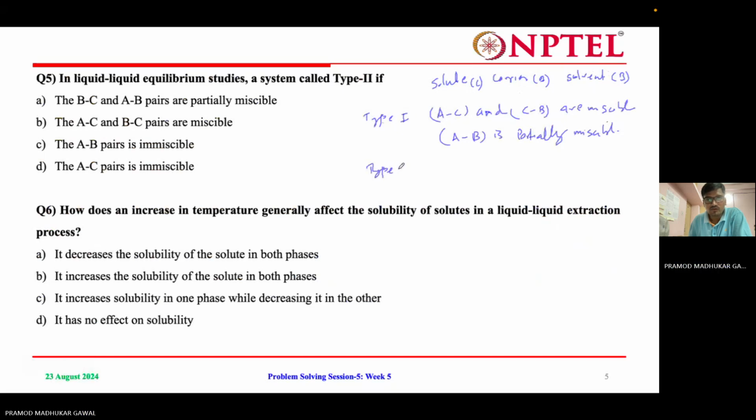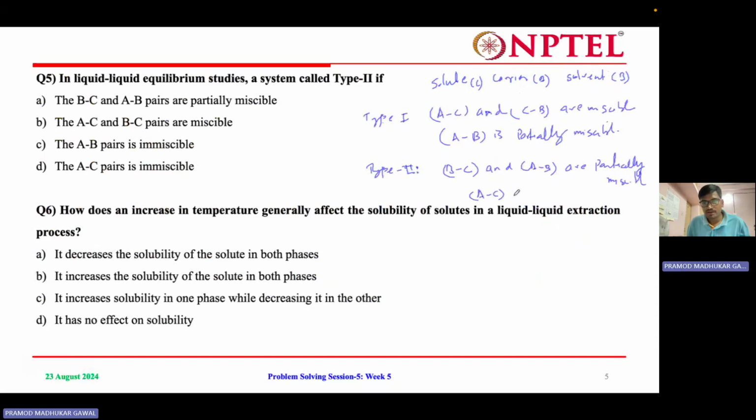In type 2, B and C and A and B are partially miscible. Right.